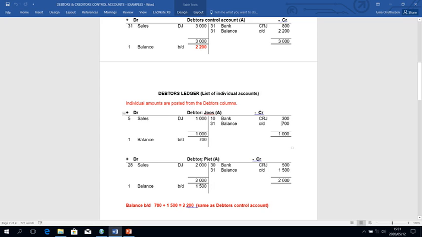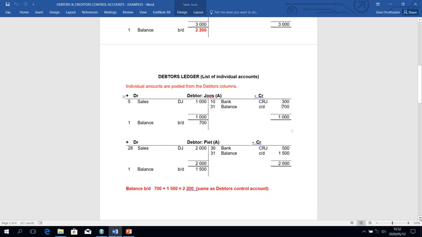So the balance on the control account and the balance on the individual accounts must correlate and must be the same, because basically we've done the same transaction twice: first in the debtors control account, and second in the individual accounts. So the balances brought down must be the same. This is posting from your subsidiary journals to your debtors control account and to the debtors ledger, the individual accounts.